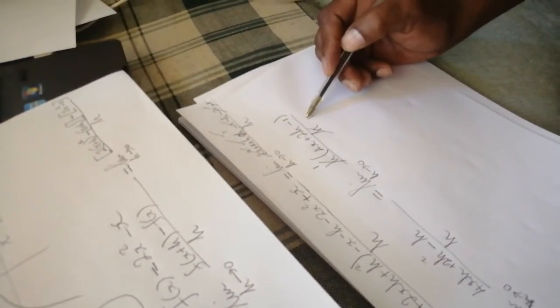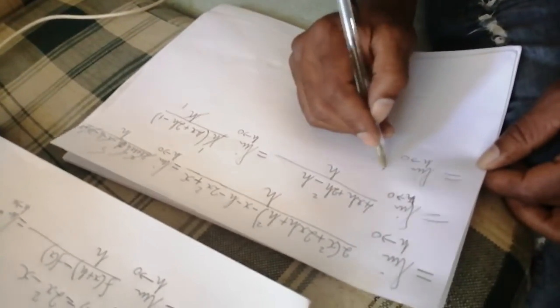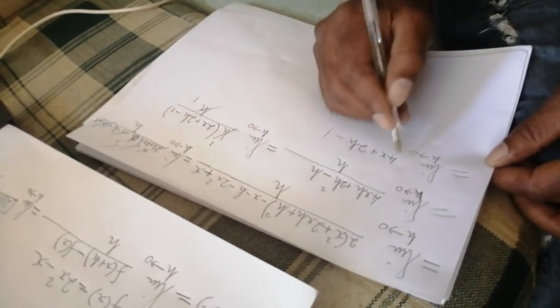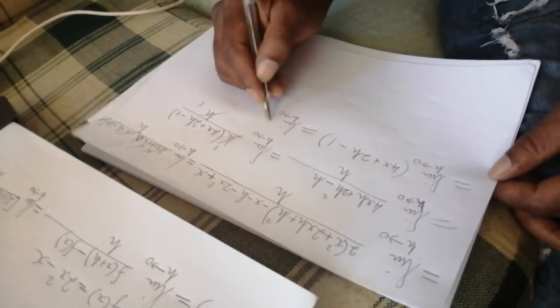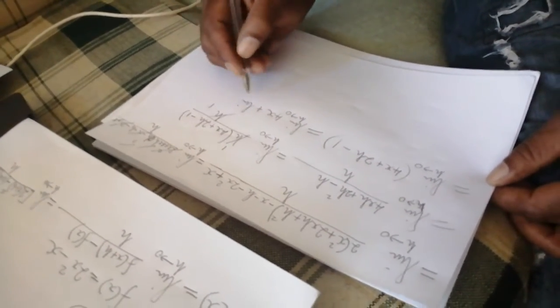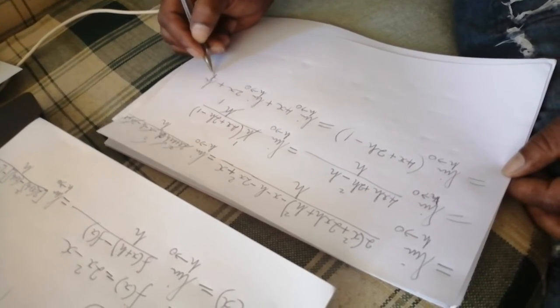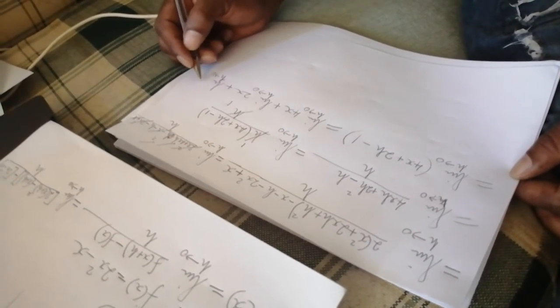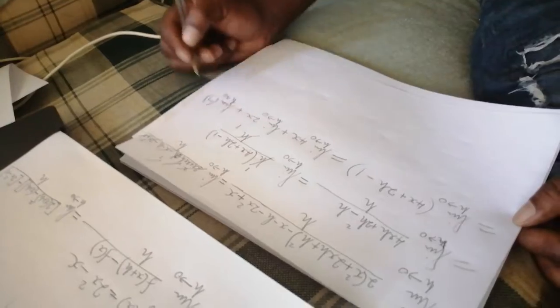Then the h downstairs cancels the h upstairs, leaving me with the limit as h goes to 0 of 4x plus 2h minus 1, which is the same as the limit as h approaches 0 of 4x plus the limit as h approaches 0 of 2h plus the limit as h approaches 0 of negative 1.